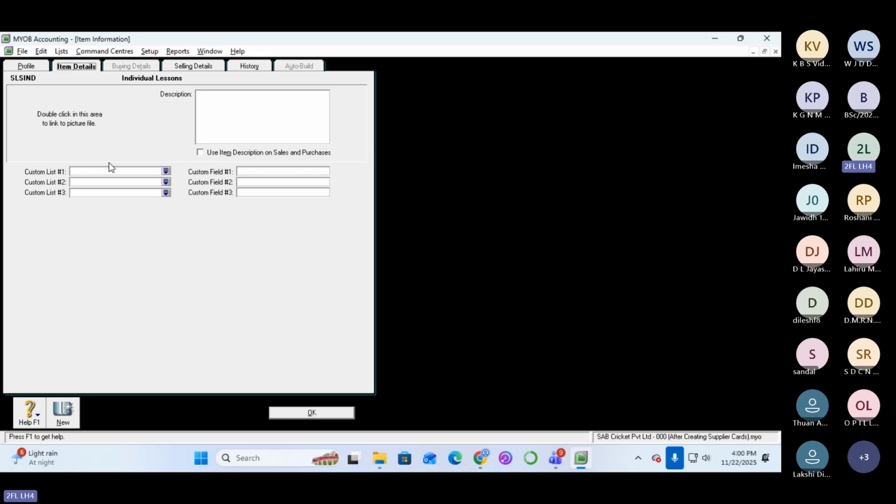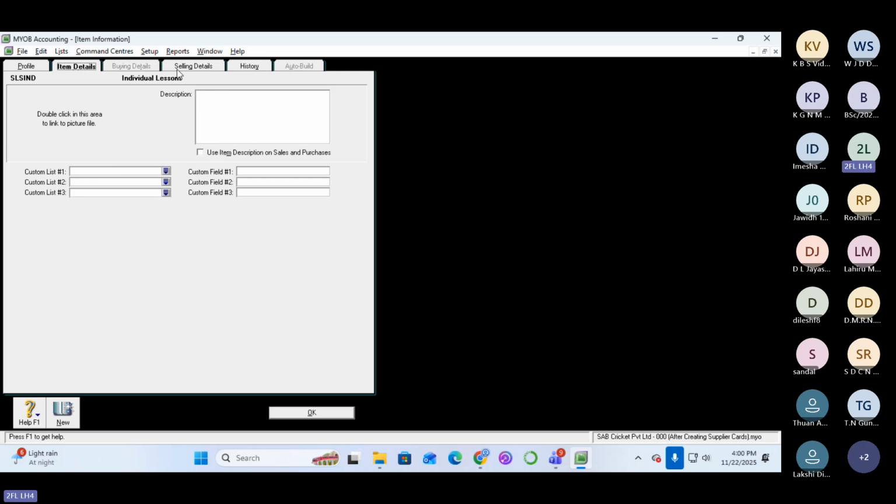In that case, they can have an image or photo of that item on the left side, and a small description on the right side. Those are for reporting and reference purposes, not for accounting purposes. Therefore, we are not going to insert photos and all that. That is not our job.